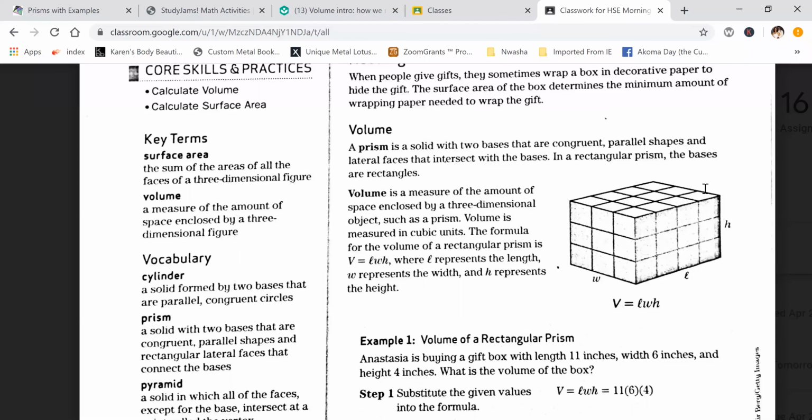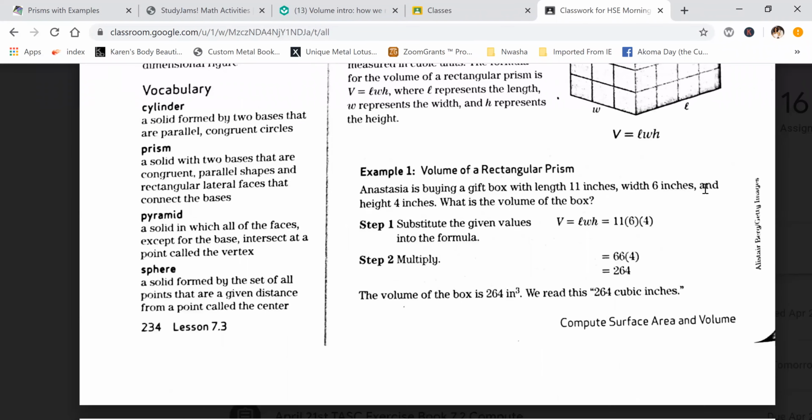So in this first example, it's just saying Anastasia is buying a gift box with a length of 11 inches, a width of 6 inches, and a height of 4 inches. What is the volume of the box? So you're just saying 11 times 6 times 4. This is one of the ones where we're saying it's going to be pretty easy if you get this kind of question. The only thing now is that we're doing cubed.